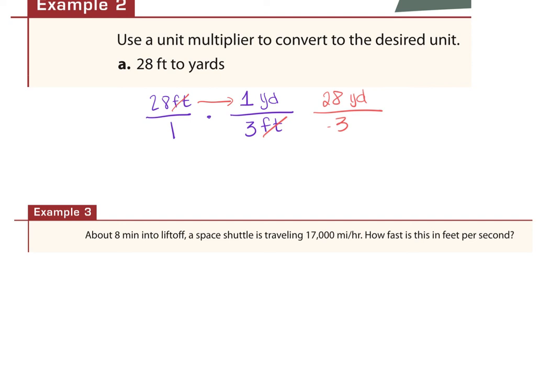All right? Now, chances are good they don't want you to leave it as 28/3 of a yard because that's just weird. Most measurements are in decimals, I will say. If you were to go into Lowe's and say you needed 28/3 of a yard of something, they would look at you strange, right? So typically they will want these in decimals. You're just going to divide to make it a decimal, right? How many times does 3 go into 28? 9 times.